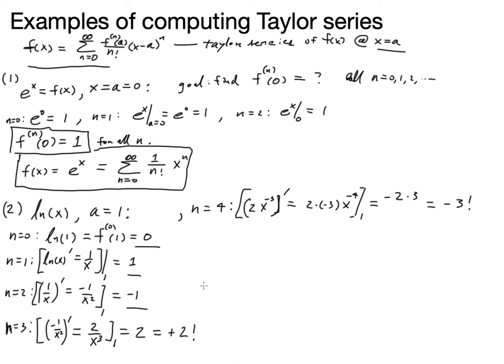Okay, I think we're starting to see a pattern emerging here. I can guess now what n is equal to 5 will be. We see that there's an alternating sign, without actually computing it.